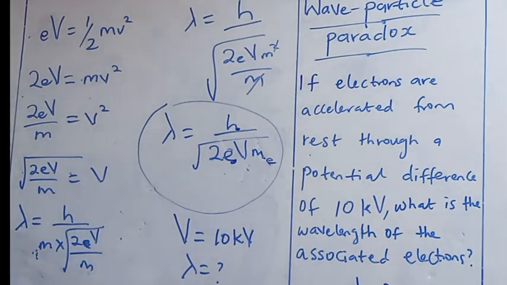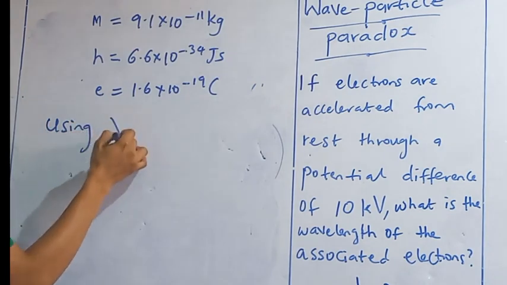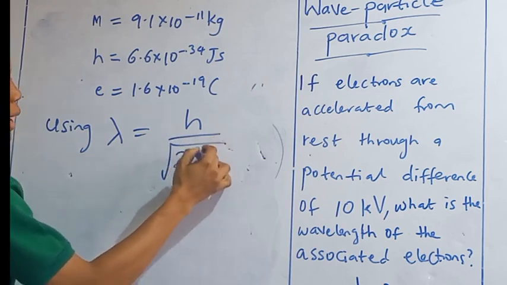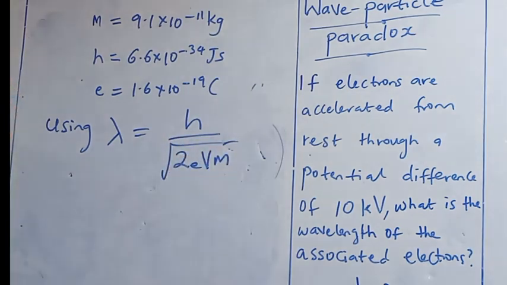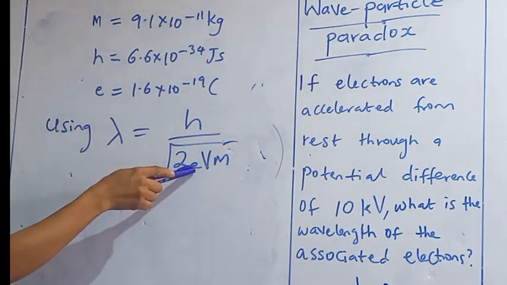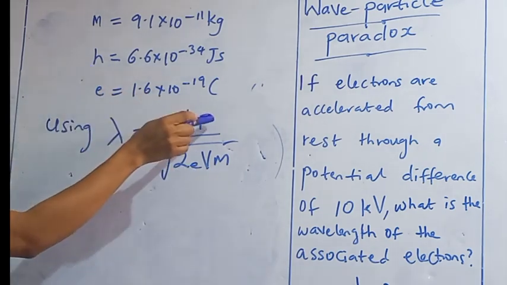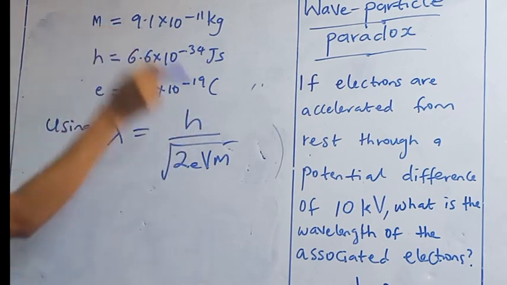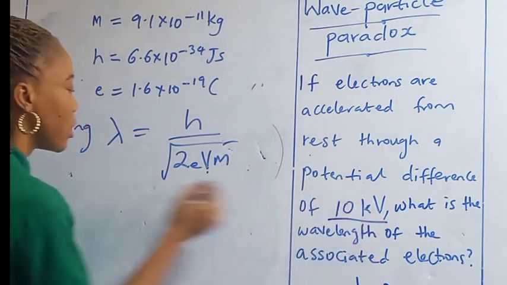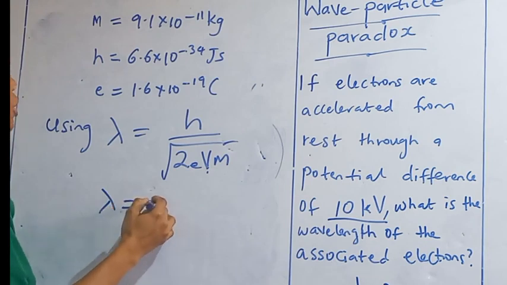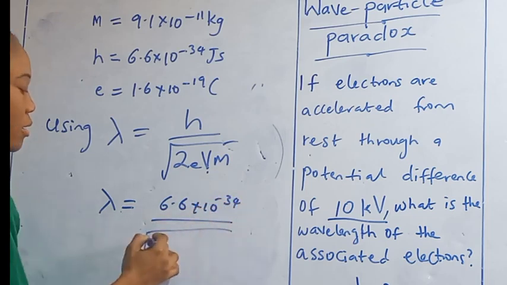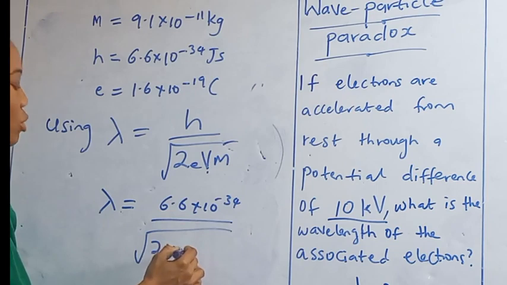So let's solve it. I'm going to use the formula h over square root of 2 electron volts m, and then the mass of the electron. Remember that all these things are constant. Charge of electron will be given, is a constant. Planck's constant will be given, is a constant. The mass of electron will also be given. And then we have the electron volts. So we put everything. h is 6.6 times 10 raised to power minus 34 over 2 times the charge of the electron.